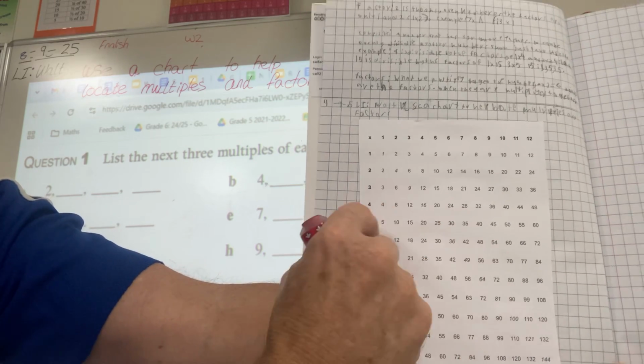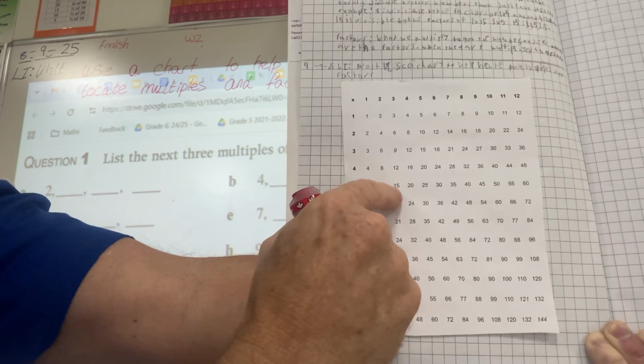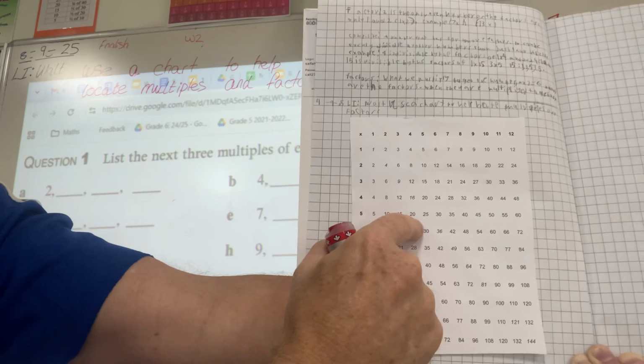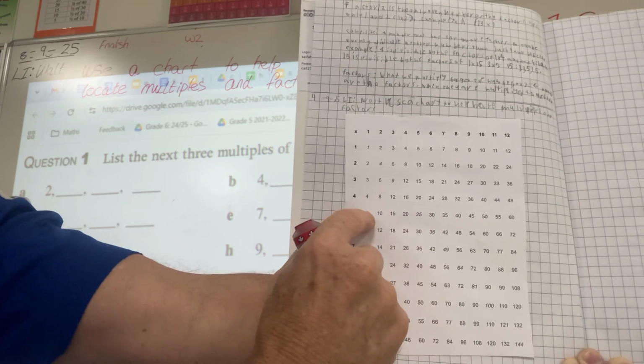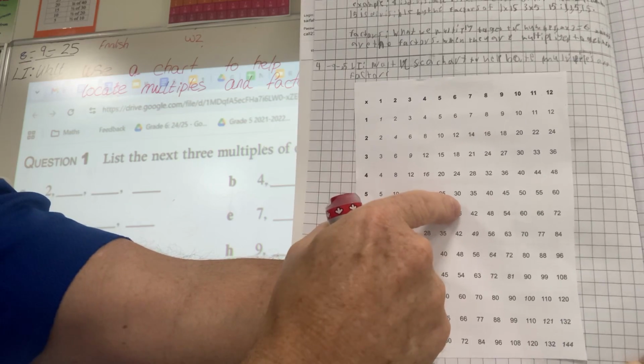So the multiples of 5 would be 5, 10, 15, 20, 25, 30, and so on. Multiples of 5 will always end in either 5 or 0.